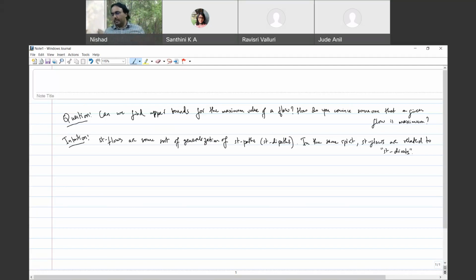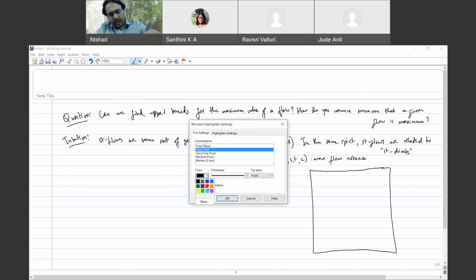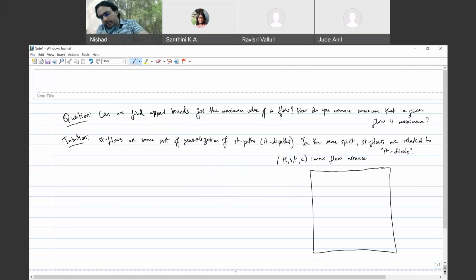All right. Okay. So let's just go through some basic definitions and notation that we'll require for our discussion. So let's say you have a graph with s, t and capacities c, which is your max flow instance. Right now, I don't really need the capacities, but I'll keep them anyways. So what is a dicut? It's similar to a cut, except that now we have direction, so we need to be careful as to which edges we are referring to.